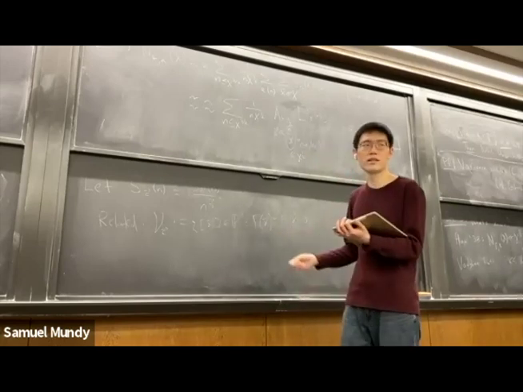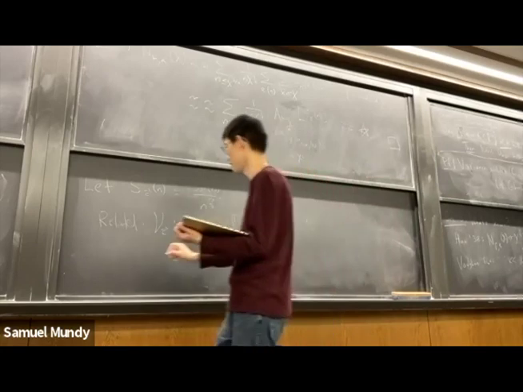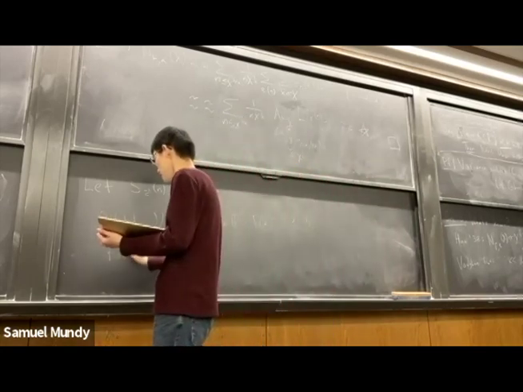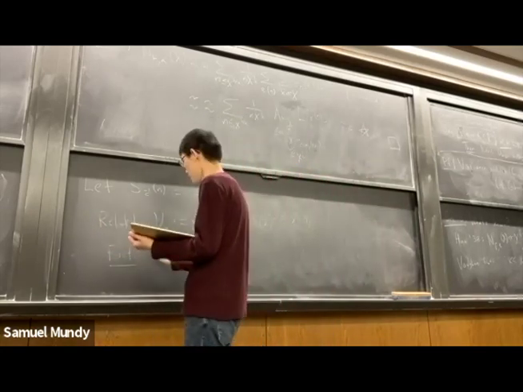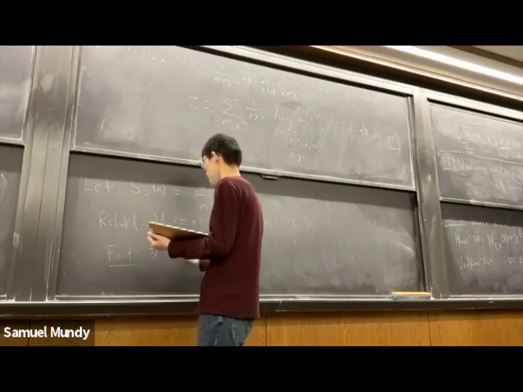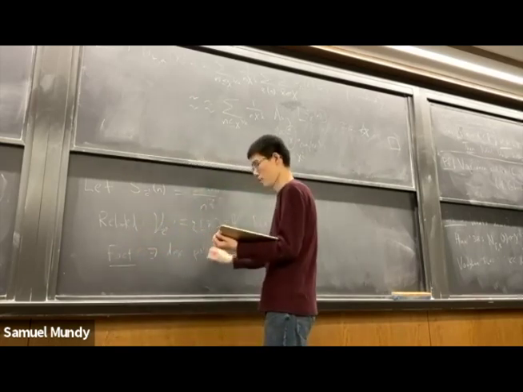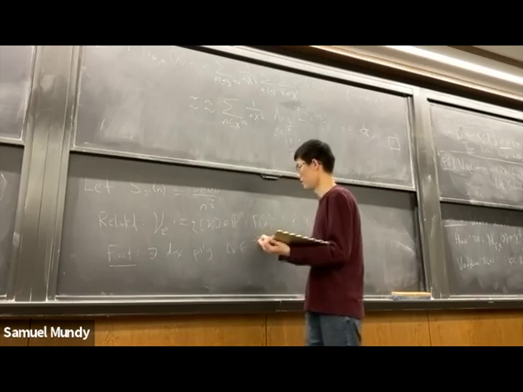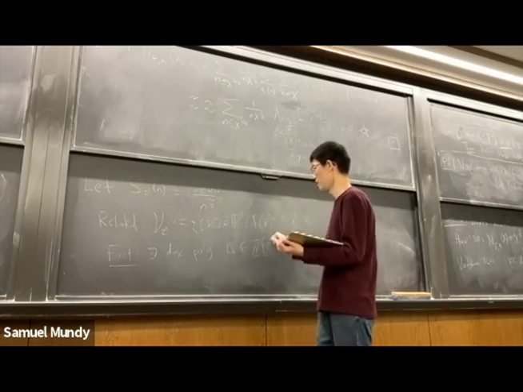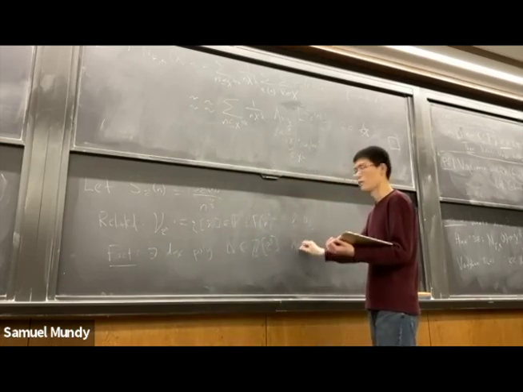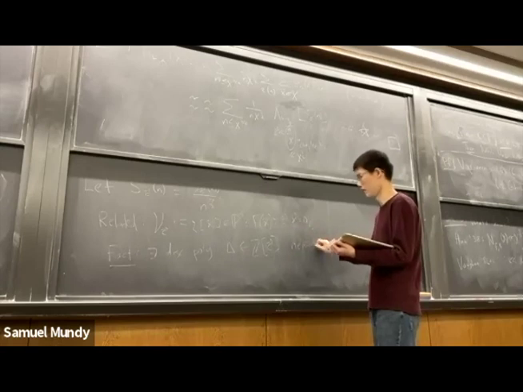And a basic fact we need is that there exists a discriminant polynomial that measures the singularities of this hyperplane section. For example, this discriminant polynomial will vanish if and only if the variety is singular.